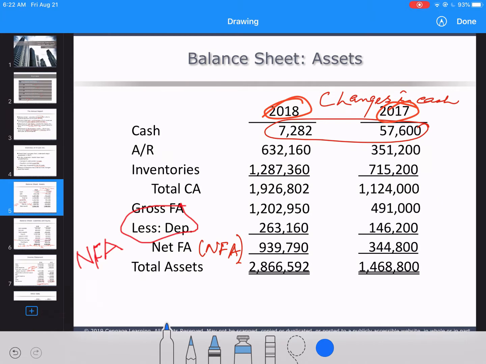Accounts receivables, inventories, all of them make total current assets, and then you have gross fixed assets minus depreciation, which is net fixed assets. So net fixed assets is 939,790, and total assets is 2,866,592.